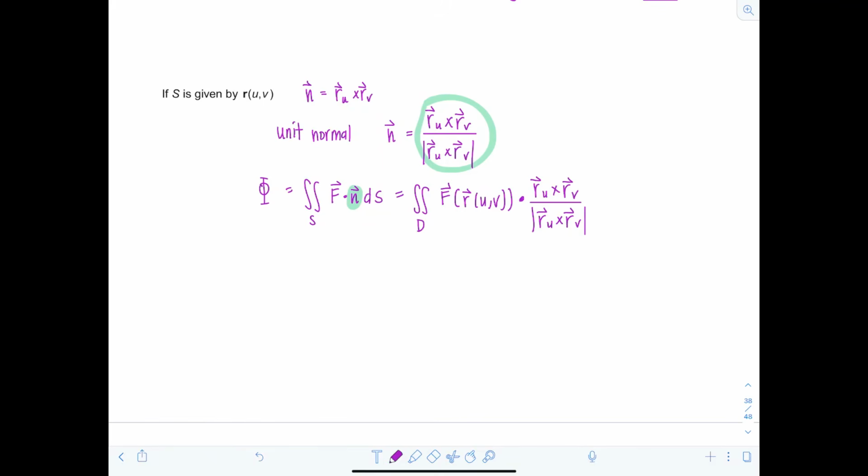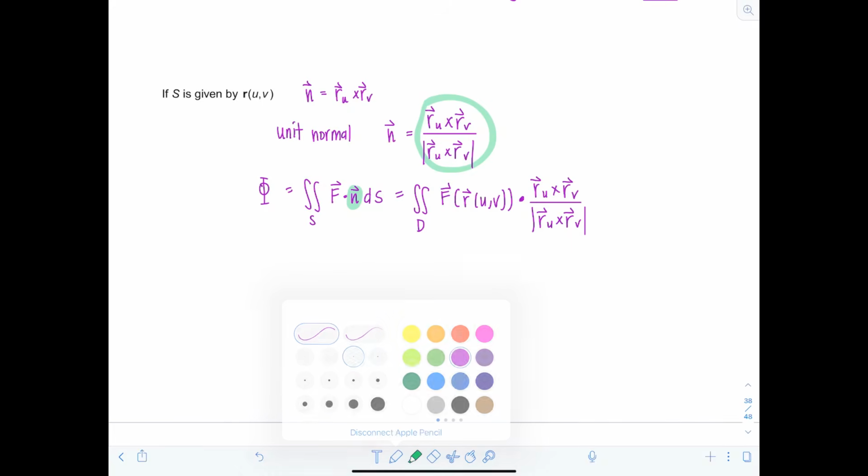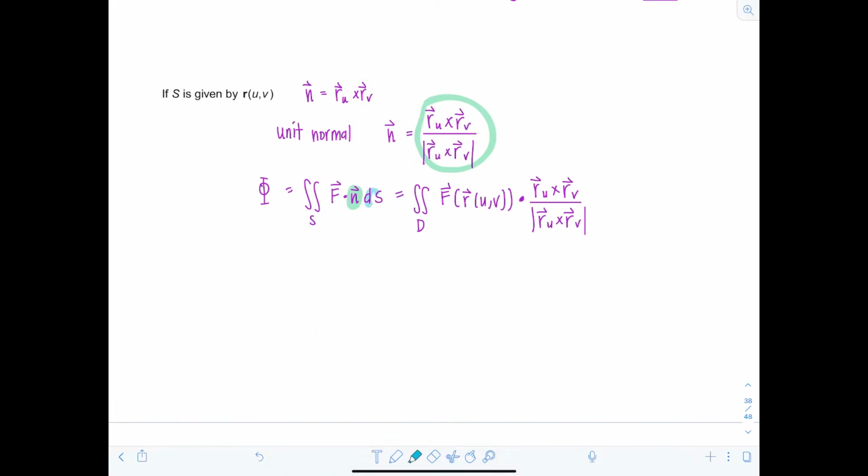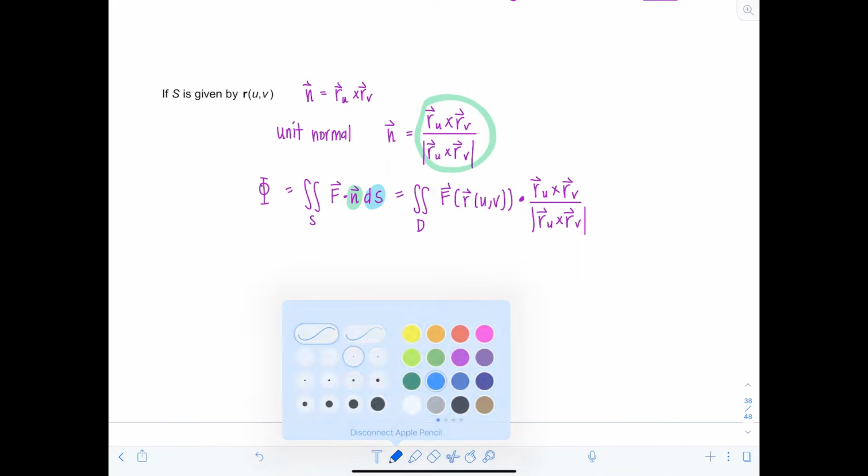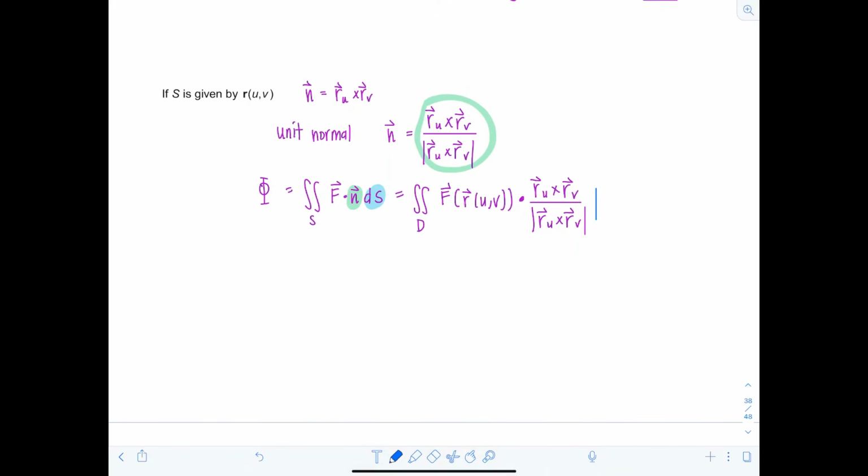And then do you remember what dS was? This dS, when your surface is defined parametrically, is the magnitude of partial u crossed with partial v dA. So this is dS, and then just like before, the magnitude cancels out. So again, you don't have to worry about it. Pretty nice, right?